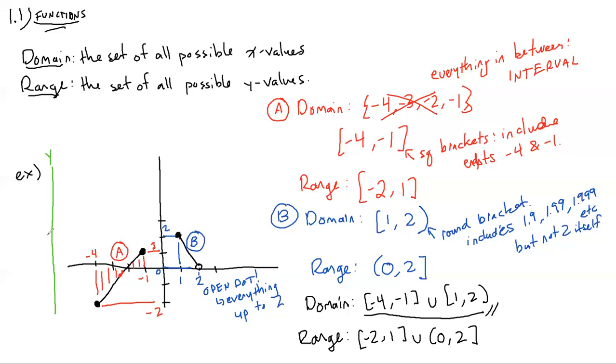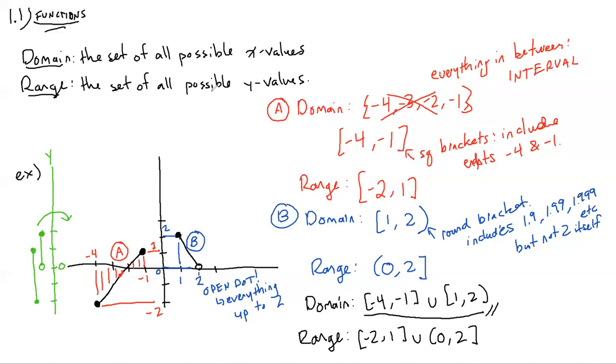So what I can see is I've got this 0 to 2 chunk right there. And then I've also got -2 to 1.